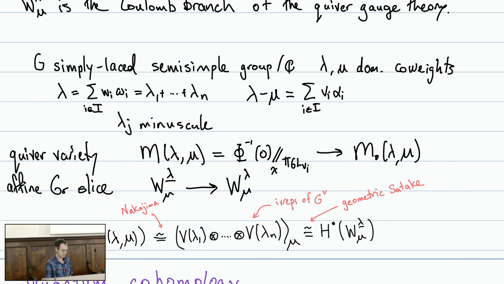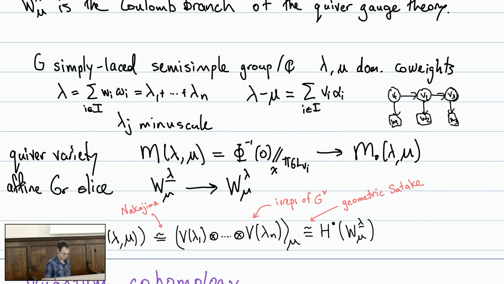If you can't do this with v_i positive, then these varieties are just empty, so it's not interesting. Then the quiver will be the quiver of G, and I put the V's in the gauge vertices, and I put my W's in the framing. So that's how lambda and mu determine the quiver, and therefore the quiver gauge theory.